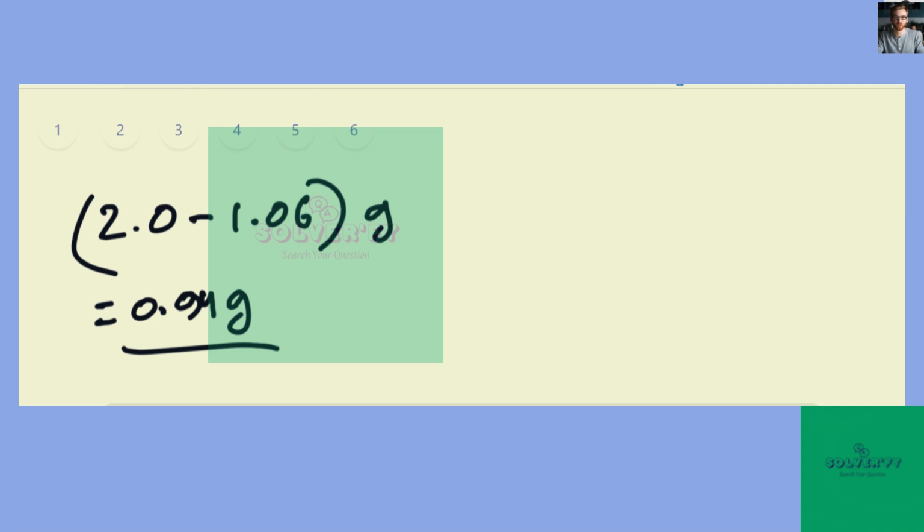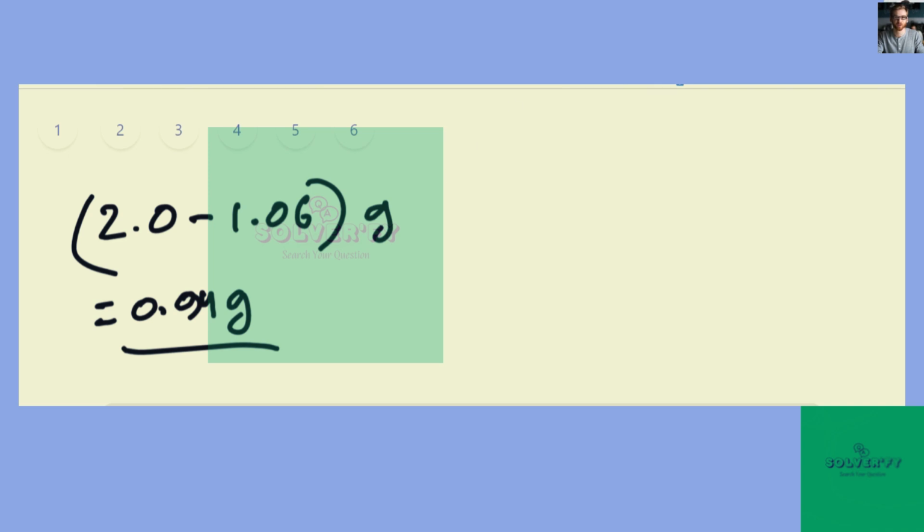Now in the last part we have to check that our calculations are consistent with the law of conservation of mass. The law of conservation says that the mass before the reaction, or the mass of the reactants reacting, will be equal to the mass of product which is produced.